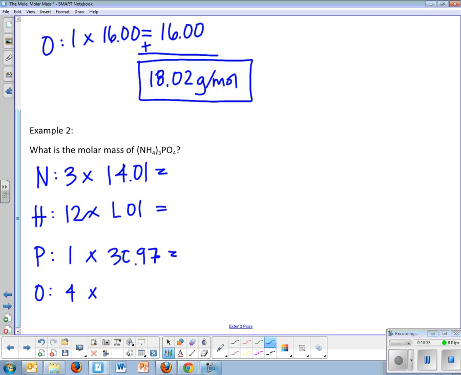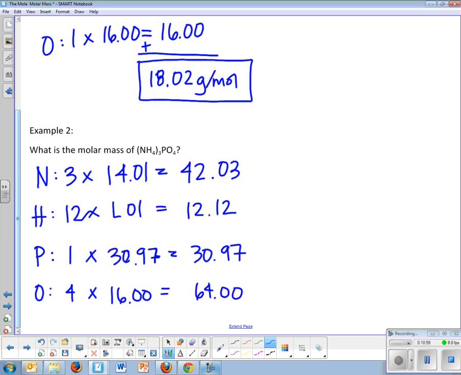And oxygen, we just did it before, is 16.00. So I'm going to multiply all these out. So I get 42.03 for nitrogen. Hydrogen, I get 12.12. Phosphorus times 1, 30.97. And oxygen, 16 times 4 is 64.